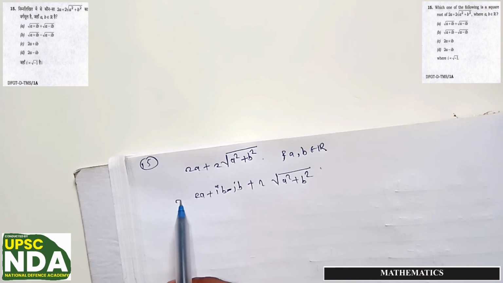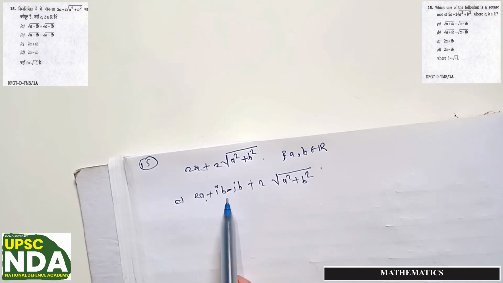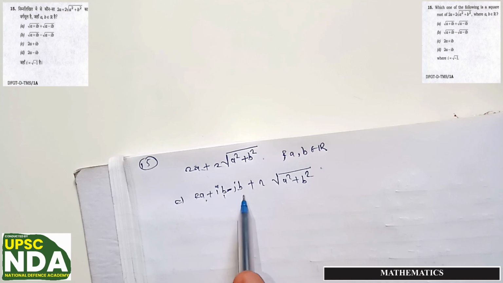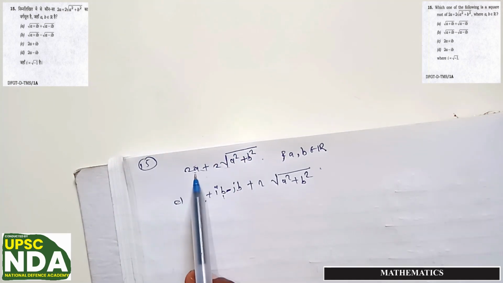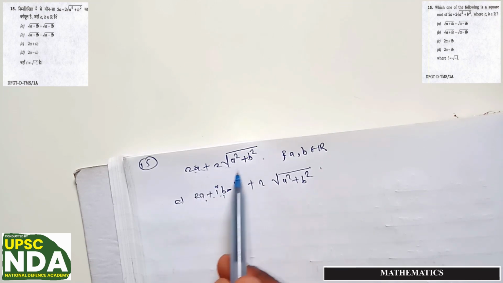In my next step, I kept 2a as it is and added plus ib minus ib. I'm trying to expand the term 2a, because we cannot expand the square root easily. That's why I added plus ib minus ib, because I'm trying to find the root of our expression.